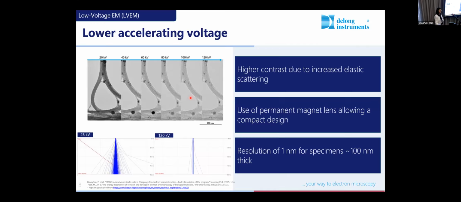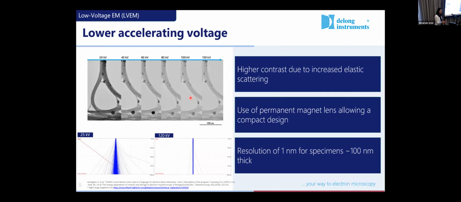That's because the interaction of the electrons with the sample is different. At 25 kV, we have much more interaction, which means a higher contrast. At 120 kV, the beam goes straight through, so you don't have interaction, you don't have contrast, you need to stain, okay? So at low voltage, we have higher contrast due to the interactions.